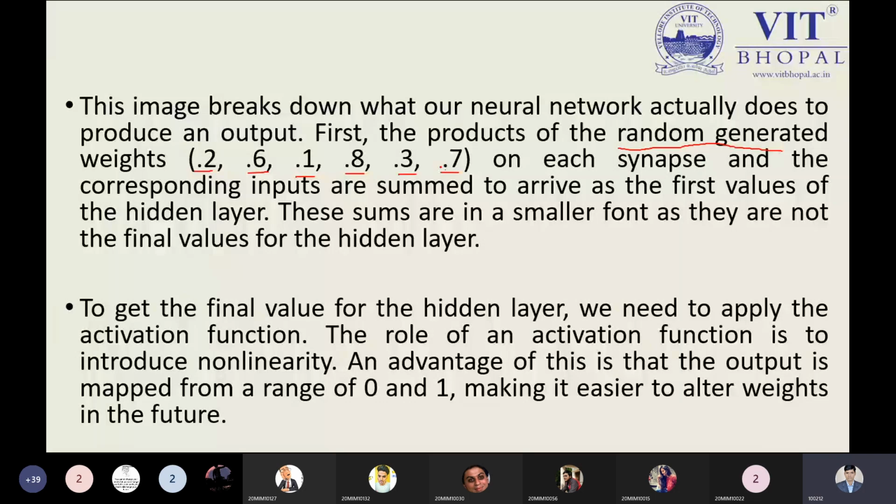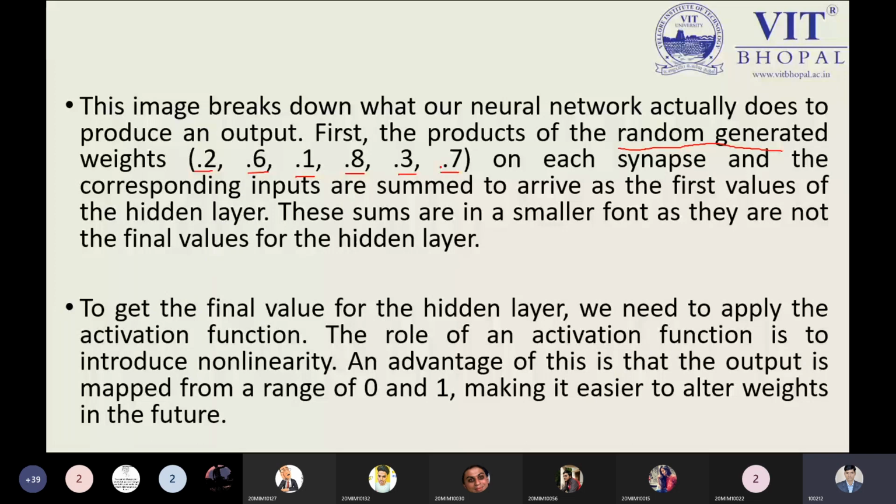Nodes are connected by some weight, like the tree structure where every node is connected to others by some weight. Whatever artificial neural network we design is represented by weights, which define the sense of the connections. The corresponding inputs are summed to arrive at the first value of the hidden layer.